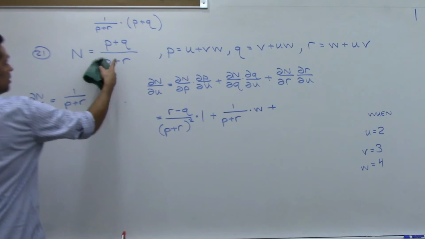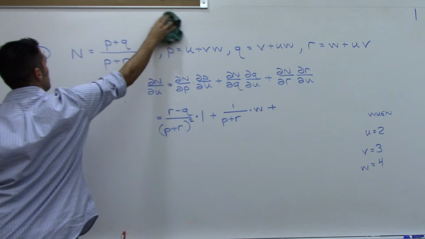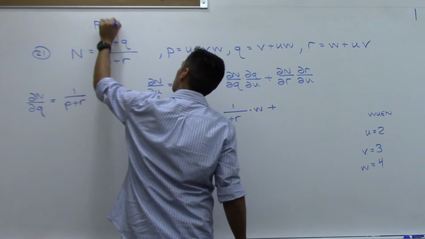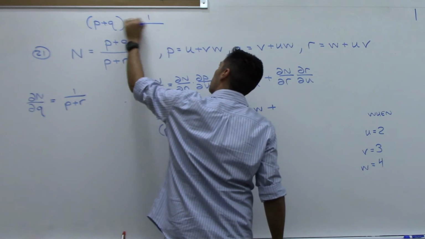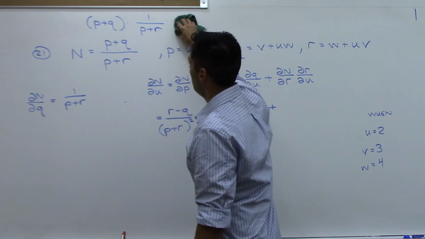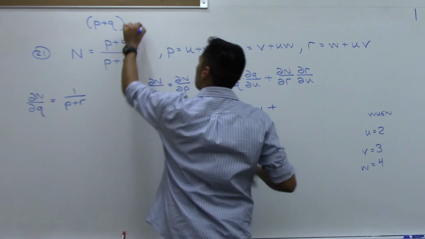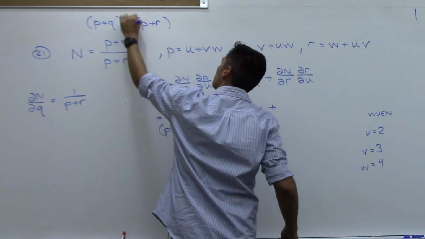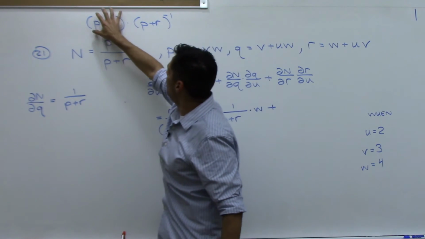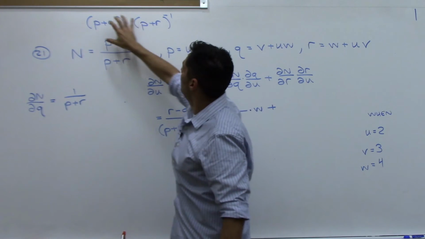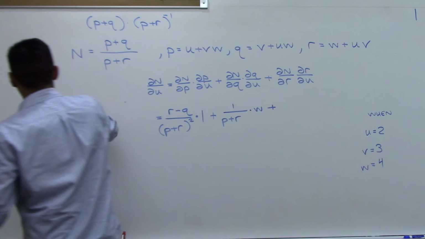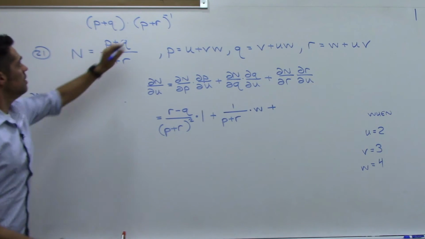All right, so I want you to look at this again. I'm going to look at it a different way. Let's look at it as P plus Q is a constant times 1 over P plus R. That's what this is. And I'm going to rewrite this at the end as P plus R to the negative 1. So I brought it up. And now I take the derivative. Remember, this is a constant. R is the variable. So I have to first do chain rule. Negative 1 comes out. So the negative 1 pops out.